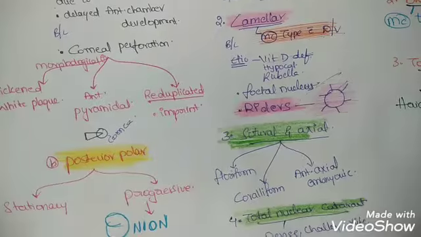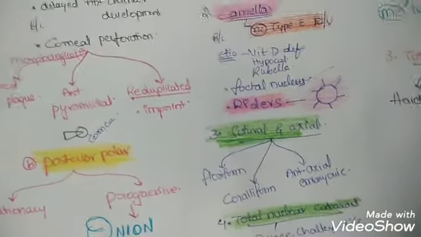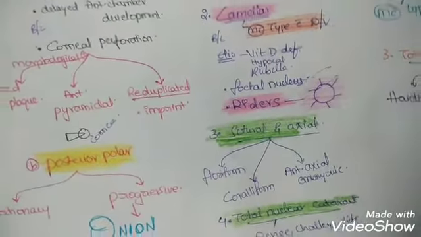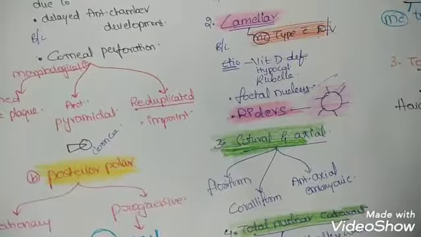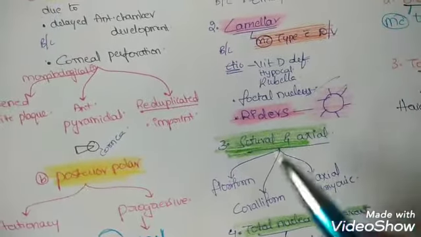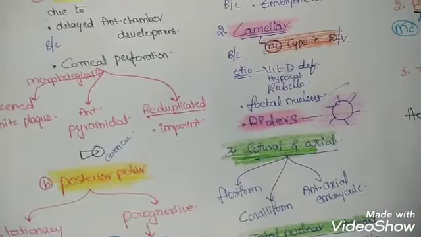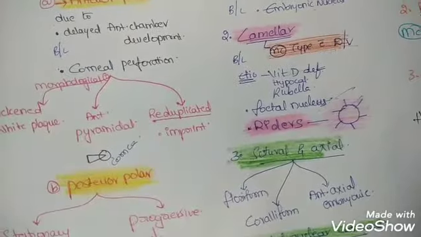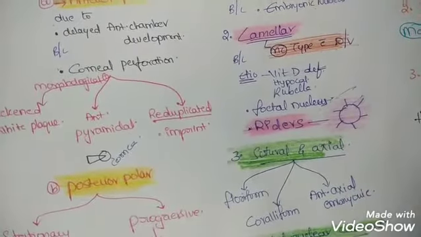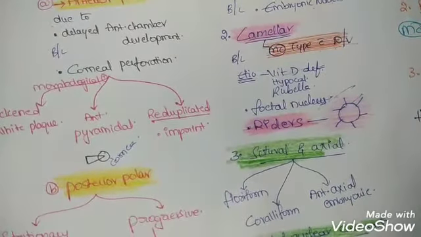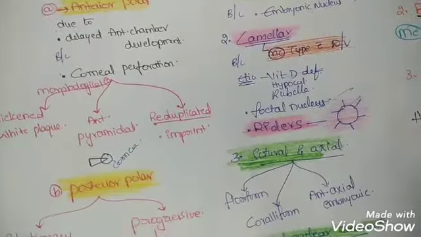Then is sutural and axial cataracts. Here I forgot to tell you something in the previous video: in the fetal nucleus, the lens fibers form sutures at their connection.